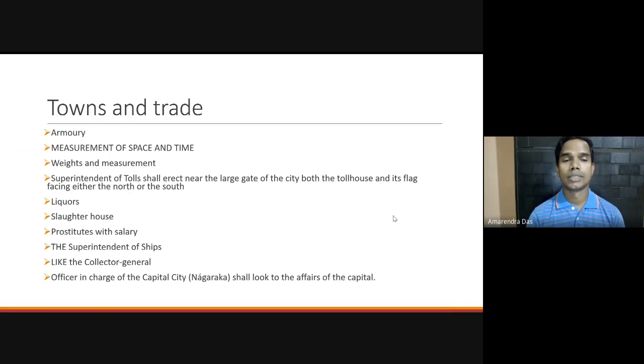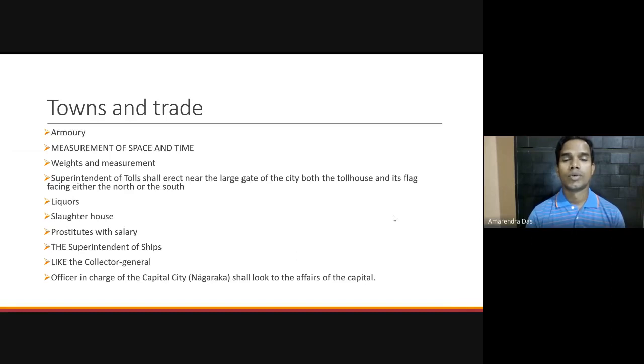to oversee the collection of revenue from the land, because land revenue used to be the major contributor to the exchequer of the kingdom. And then there was an officer in charge of the capital city, the Nagaraka, who would look into the affairs of the capital town.